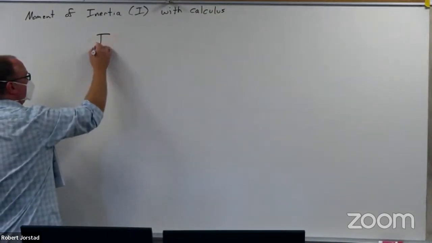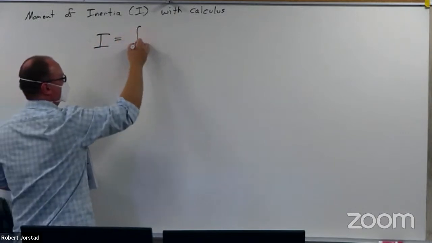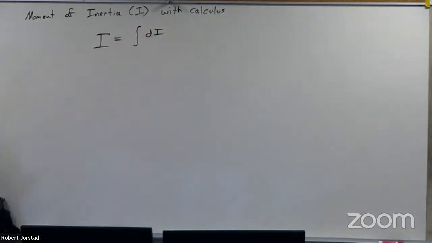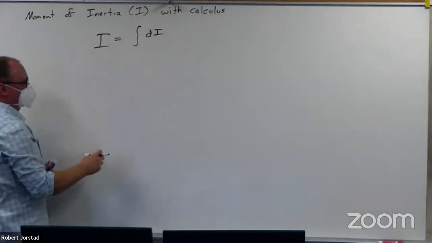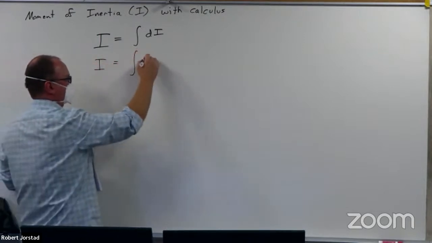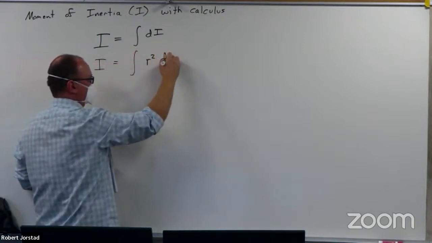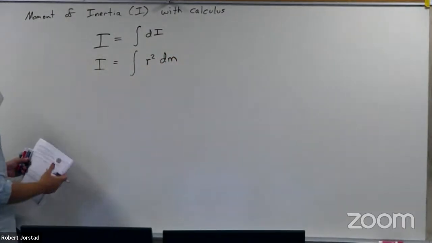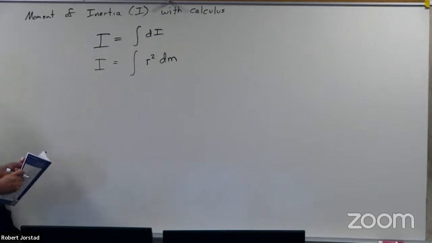I'm just going to show you this way. I is equal to the integral of dI, right? And you might say, wait, isn't it delta I? Shh, I didn't hear that. I want to get through this. Again, we're trying to focus on what you need, so just let me get through it. If you care about why there's no delta, I'll explain it in office hours.